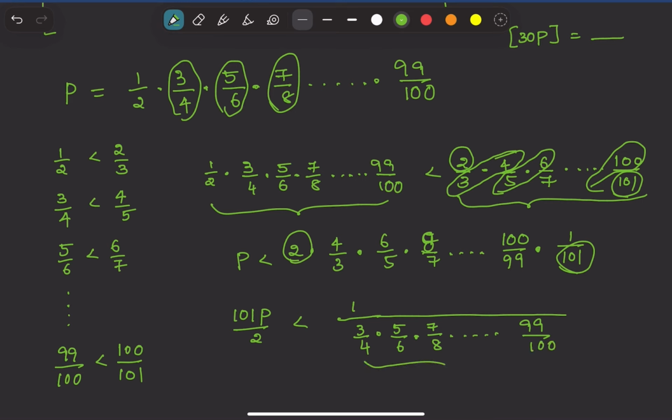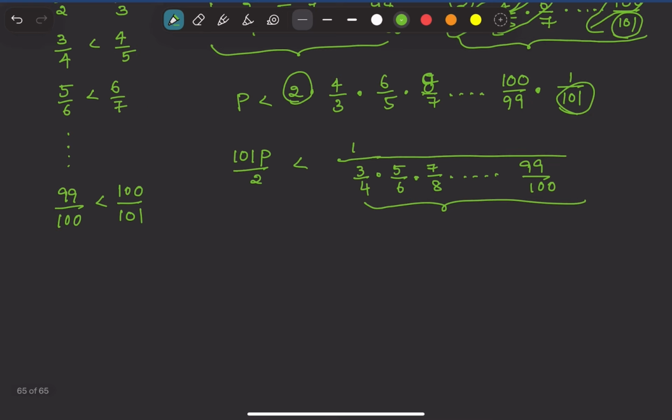Now if you see, this expression is simply 2P. So your 101P upon 2 is less than 1 by 2P. This 2 and this 2 will get cancelled. So P square is less than 1 upon 101.